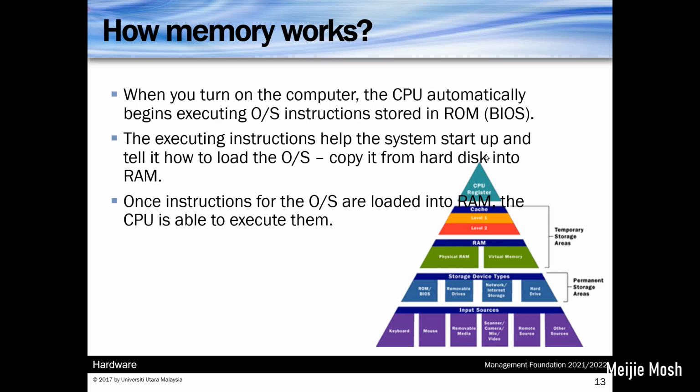After an application is loaded, any files that are open for use in that application are loaded into random access memory. When we save a file and close the application, the file is returned to the specified storage device, and then it and the application are deleted from the random access memory.